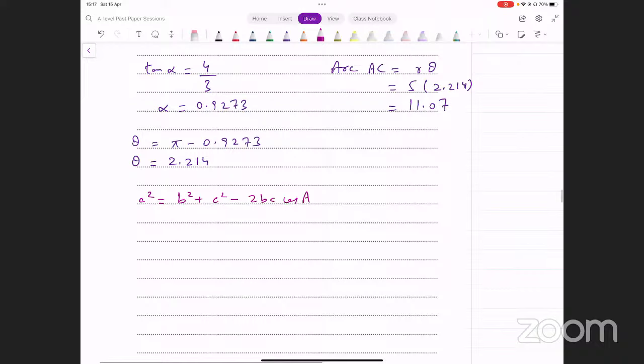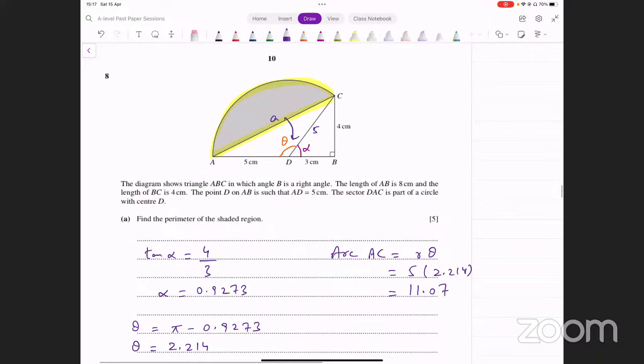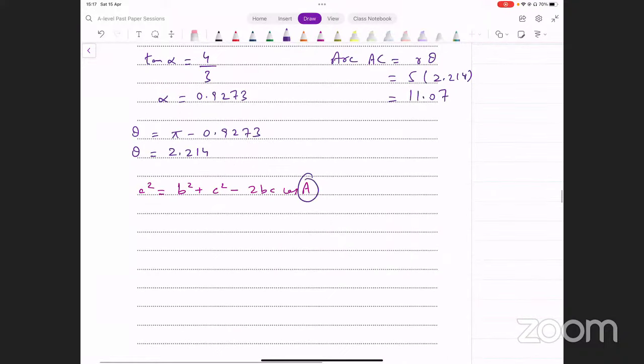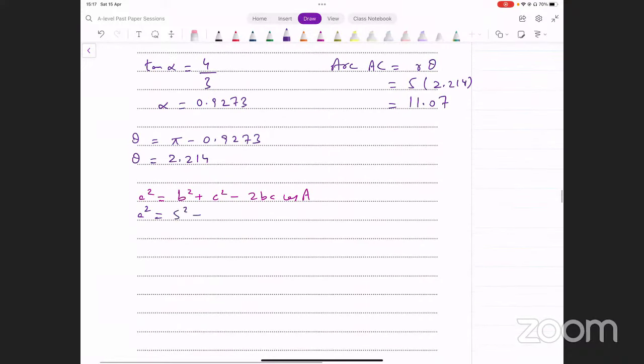You just have to input values here. अगर ये साइड a है तो इसके ऑपोजिट वाला एंगल आपको लेना है, तो वो यहां पर आएगा. ठीक है, तो a square is going to be equal to 5 squared plus 5 squared minus 2 into 5 into 5 into cos of that angle, and that angle is 2.214 in radians. Okay, यहाँ से आप देख लें a की वैल्यू क्या आती है, या a स्क्वायर देख लें पहले, फिर इसको स्क्वायर रूट कर लें.